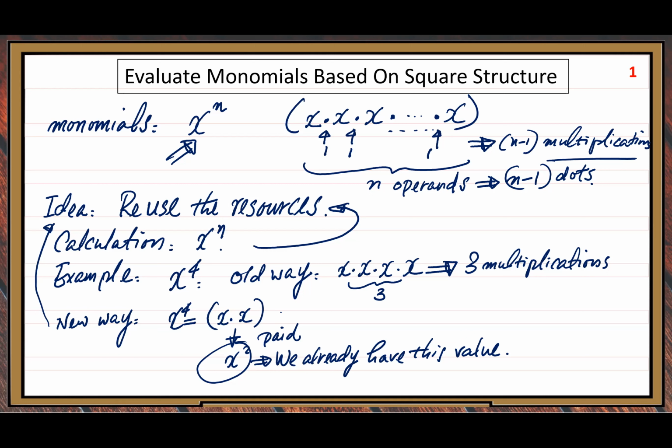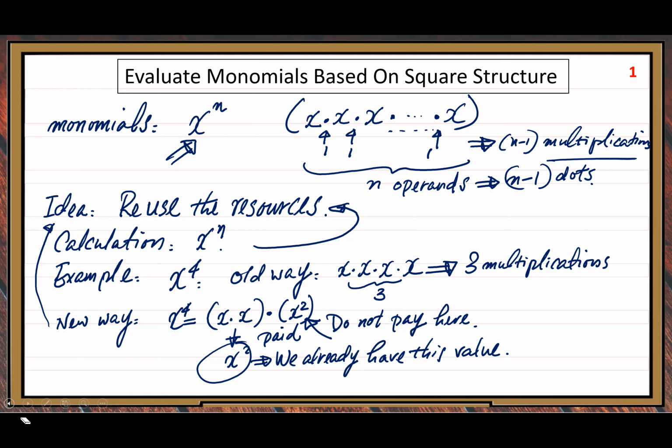So now, because it's x to the fourth, we have another x squared, but the second time we don't pay, because we reuse our existing copy, something we have already paid for.